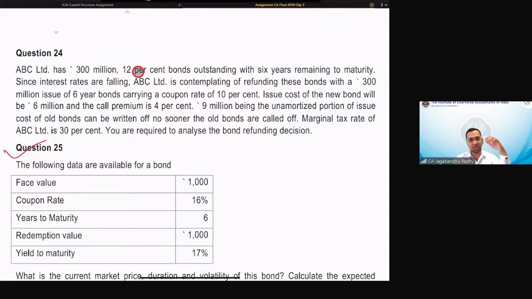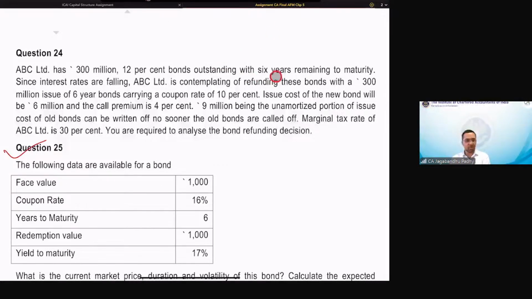Now, when we had issued the bond, at that time the coupon rate was 12%. But now the coupon rates are falling, and they are looking for an option to refund these bonds. When I say refund these bonds, we are going to buy back these bonds from the bondholders and make the payment of the principal and call premium to them.